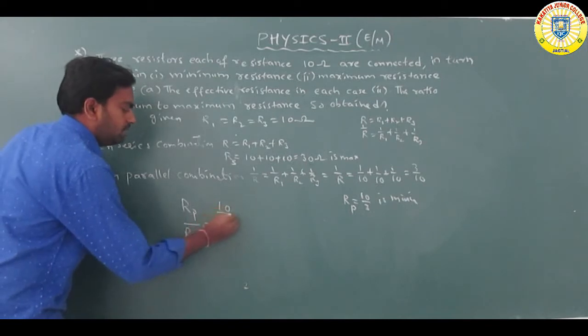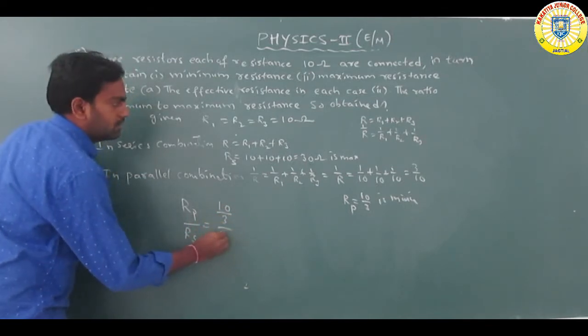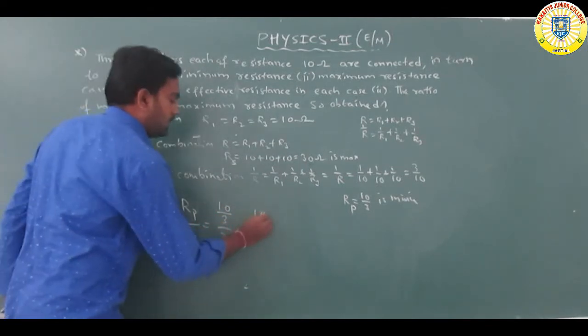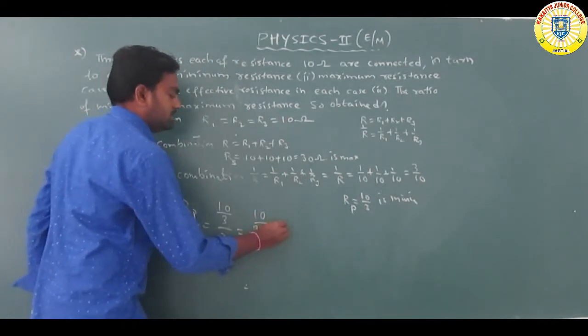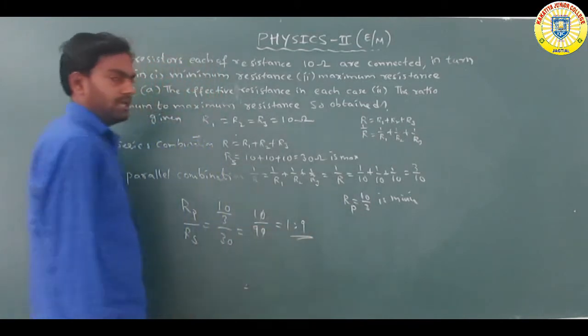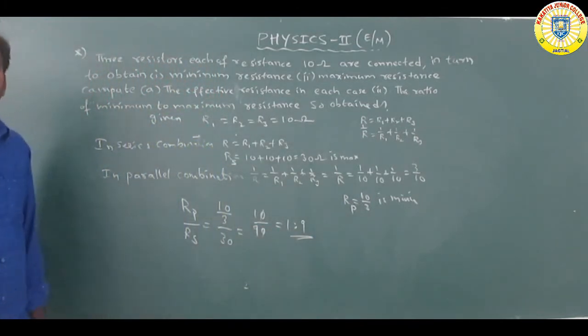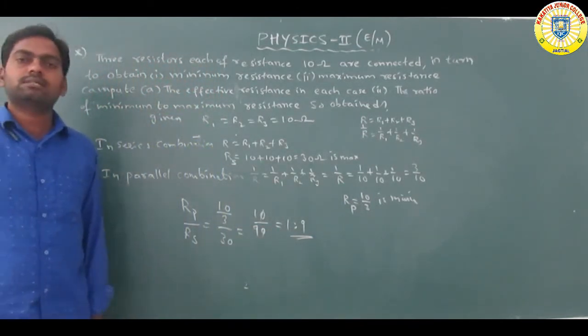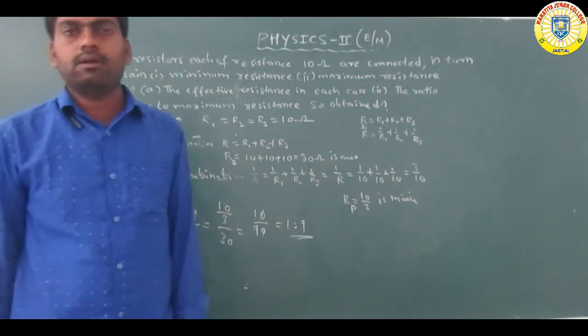So 10 by 3 by 30, that is 10 by 90, the zero cancels, so a 1:9 ratio. RP is to RS is equal to 1:9. Okay, got it.